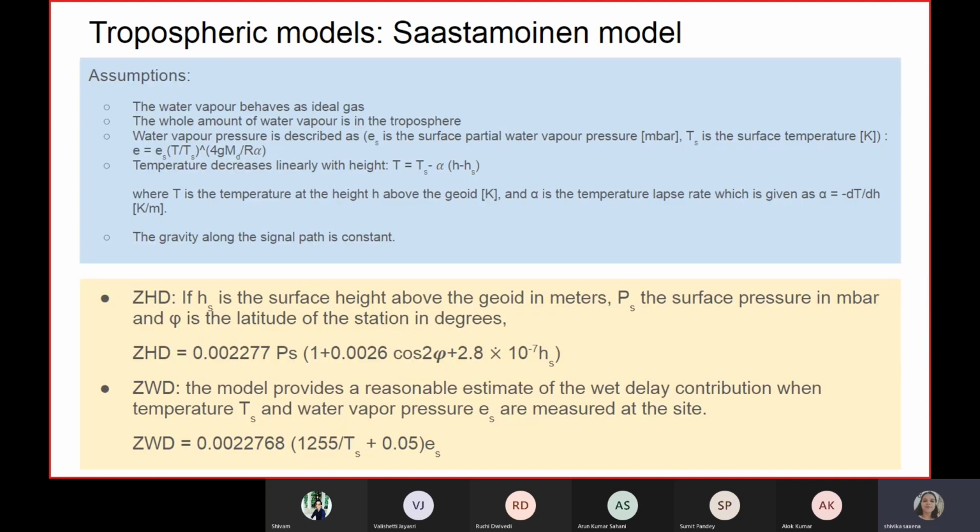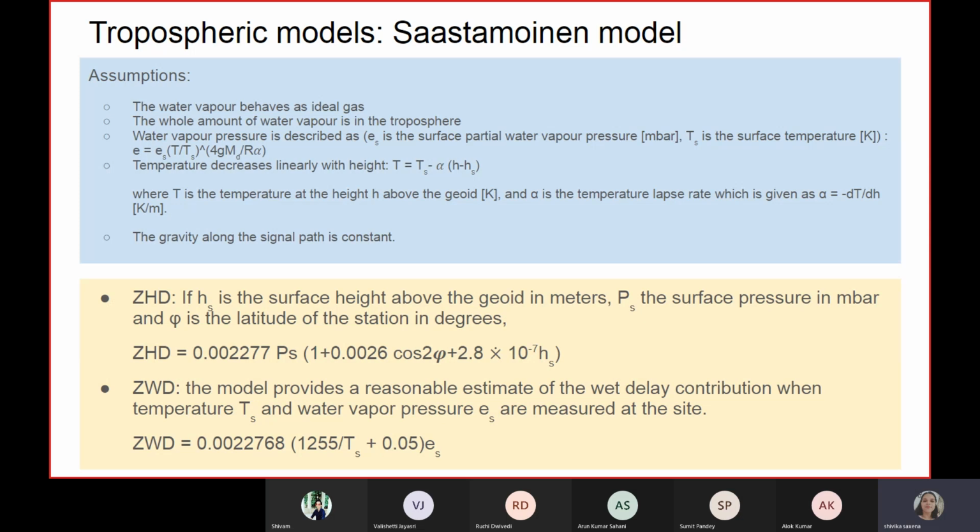It takes only 3 inputs to compute hydrostatic delay. What are those 3 inputs? Can you tell me the 3 inputs used to model the hydrostatic delay? Can anybody answer? Ma'am, temperature, water vapor pressure. No, hydrostatic delay. For hydrostatic delay, we only need 3 pieces of information. Hydrostatic means dry.